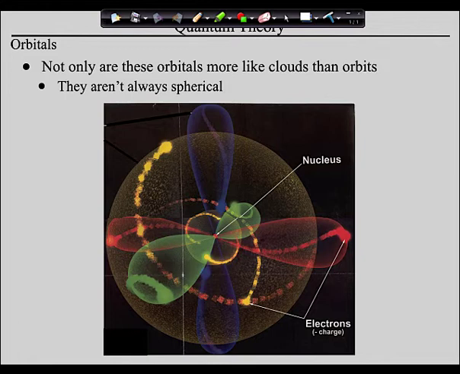So we have 1, 2, 3, 4, 5 orbitals, and each of these orbitals holds 2 electrons for a total of 10 electrons, and that makes this neon. This is what a neon atom actually looks like. Not quite the Bohr model. So, guys, here's the thing. That was just a little taste of Monday.